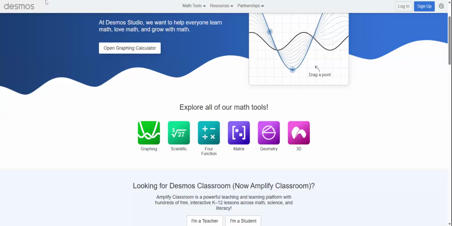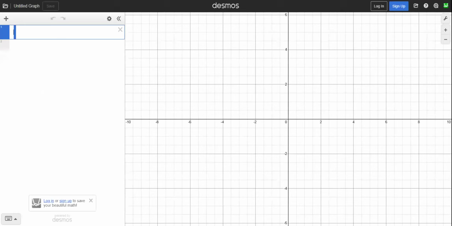Open graphing calculator. So the actual solution is whatever I just said it was there.